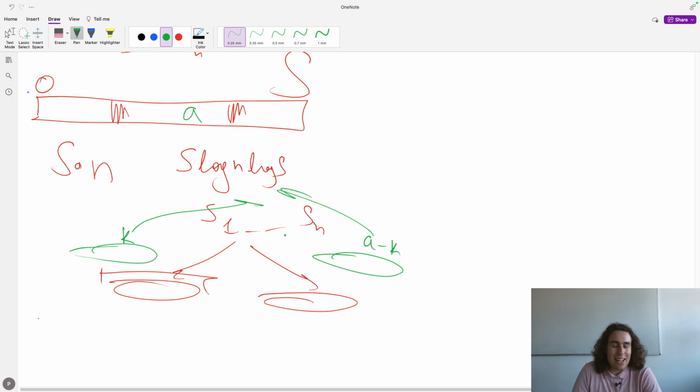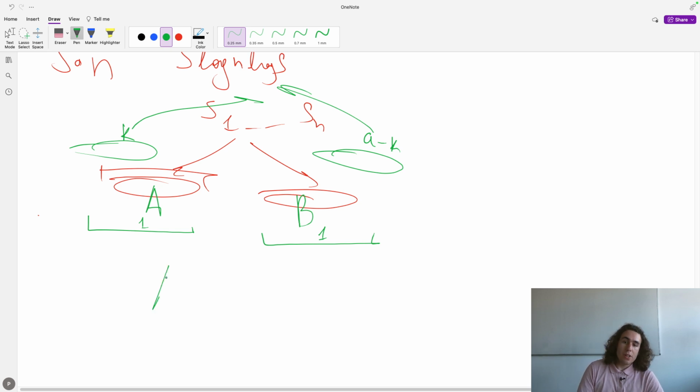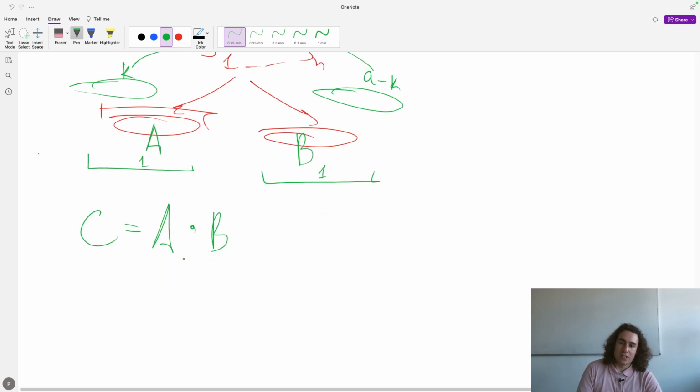And this is exactly a convolution. If I have some array A that tells me for each value whether I can get it or not, and array B, which tells me whether I can get it or not, and I do a convolution of A and B, let's say multiplication as polynomials, then C will store for every value whether I can get it or not. It's going to be the sum of A_j times B_(k-j).